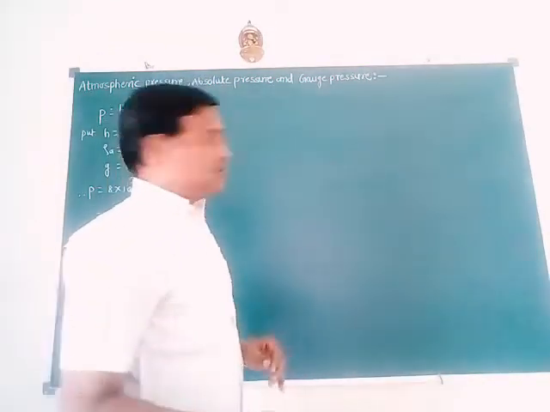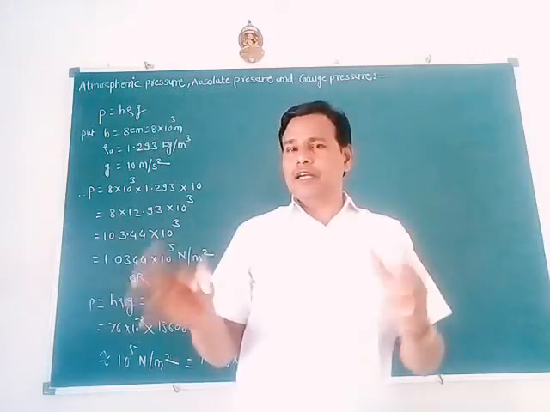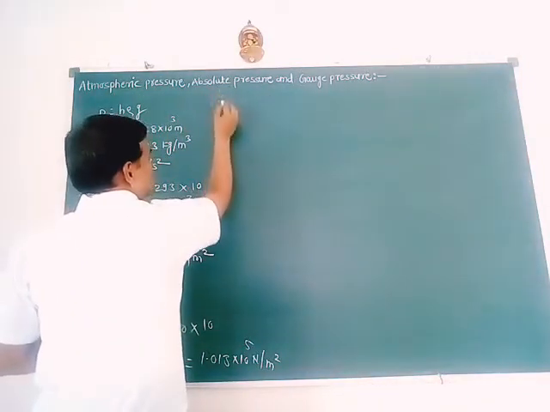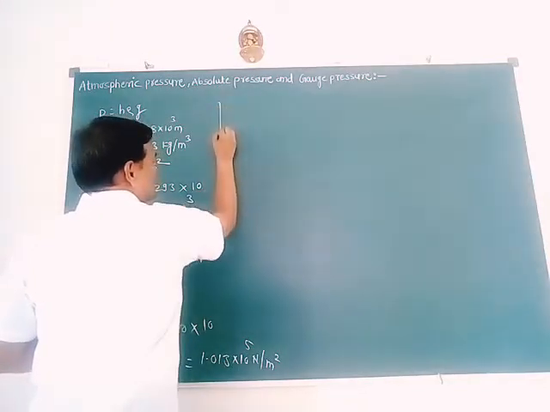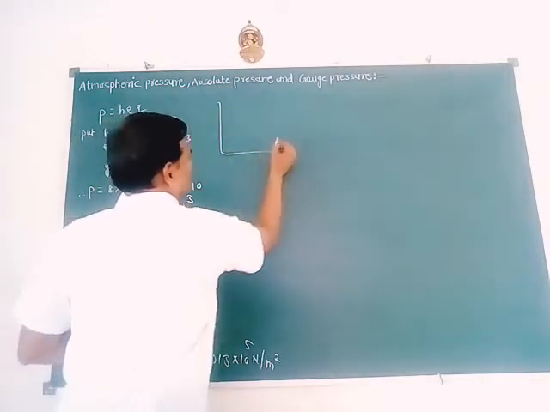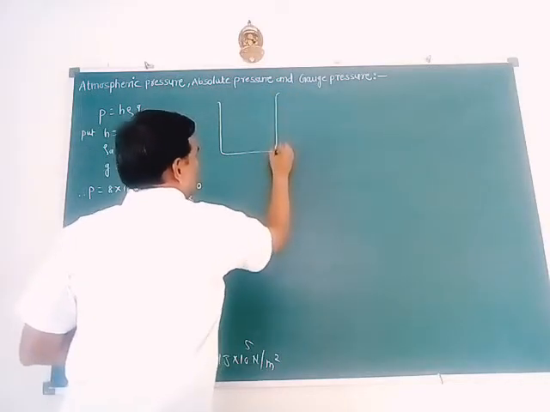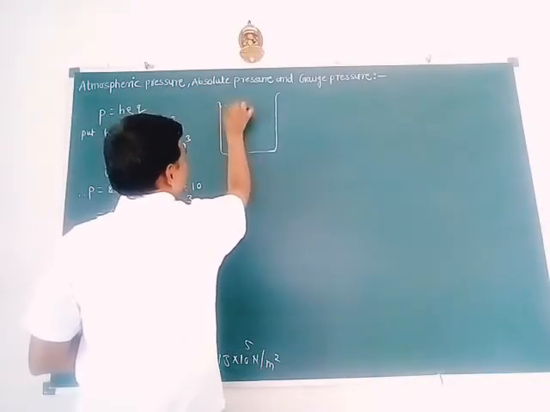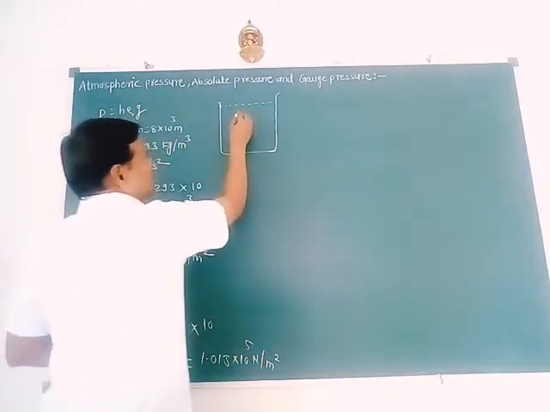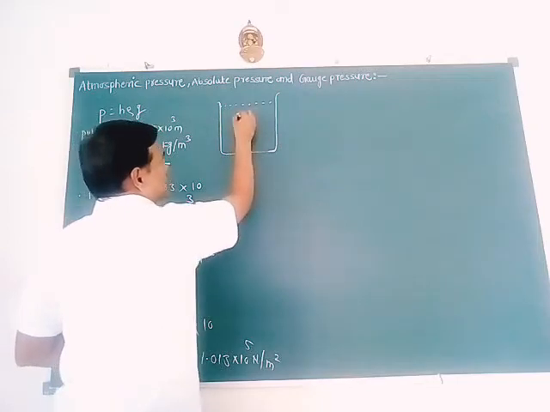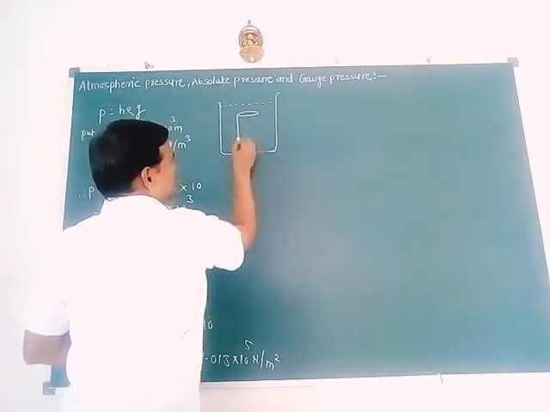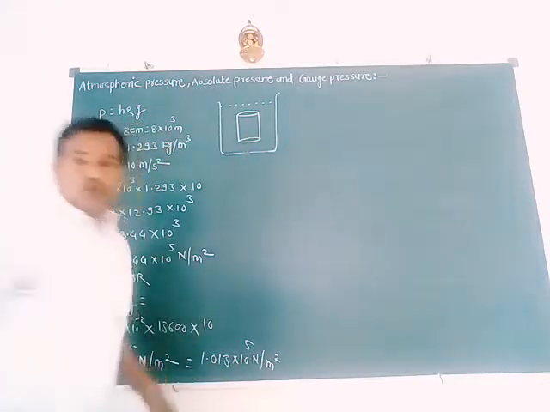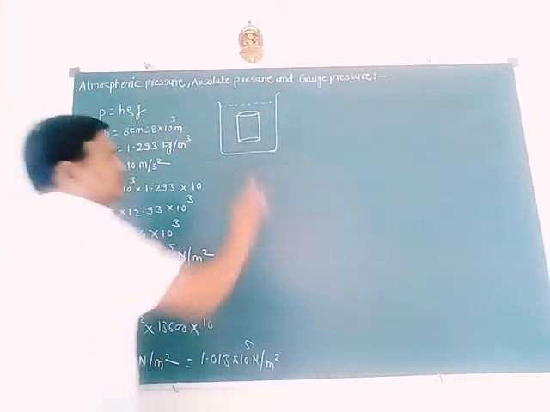Here we have to consider the liquid column again. So suppose this is a container, absolute pressure we have to study now. Suppose this is a container containing liquid, and there is a portion of liquid as an imaginary cylinder.